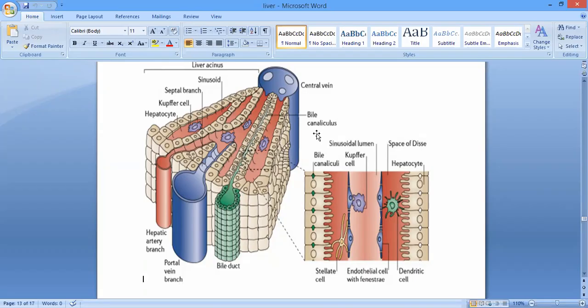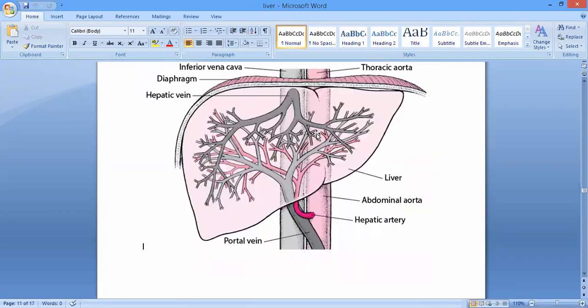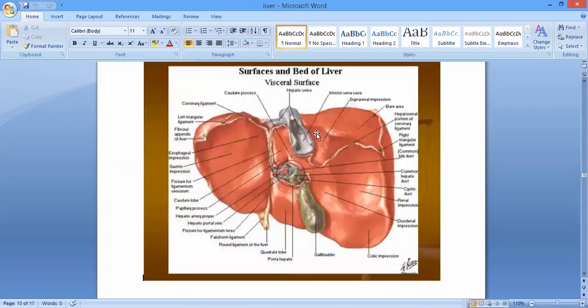The superficial lymphatics collect the lymph from the fibrous capsule, or rather you can say the outer aspect of the liver, and that outer capsule of the liver is also called Glisson's capsule.